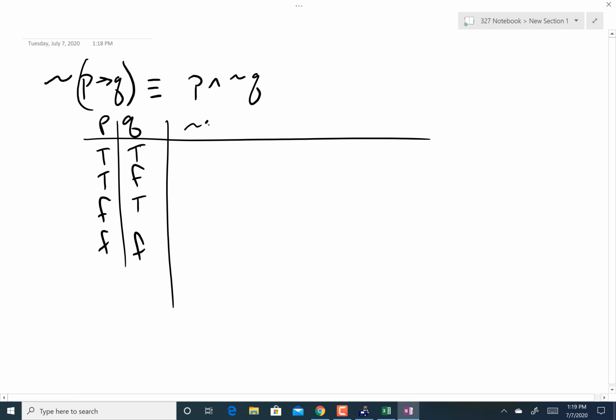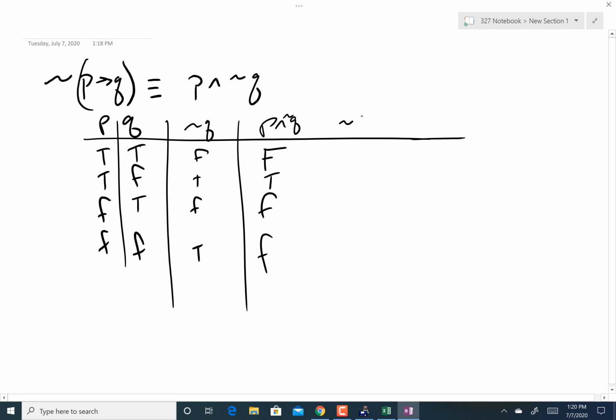So not Q. So I need P and not Q. P and not Q is false, true, false, false. Okay, so then not P then Q.